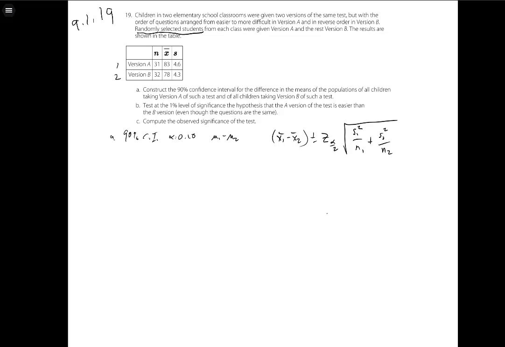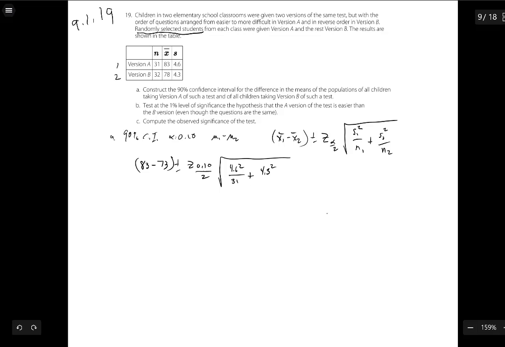So if we substitute in our values for these, we've got our 83 for x1 minus 73, plus or minus z at 0.10 over 2, the square root of our standard deviation squared divided by the number in the sample plus our standard deviation squared divided by the number in the sample.